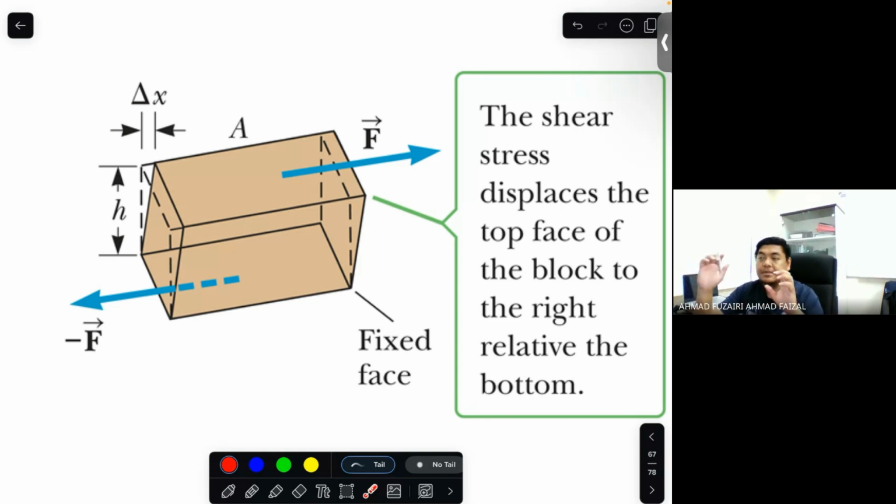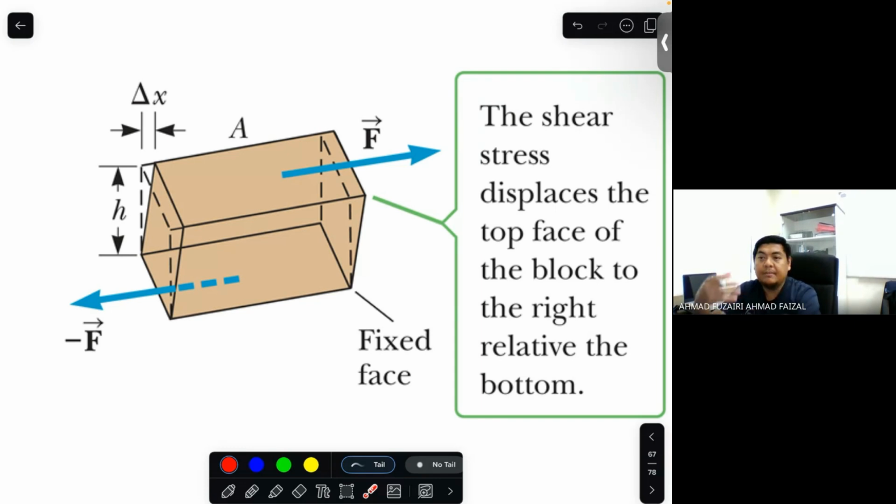Again, when you apply a Young modulus, for instance, we apply a force towards the area, that means force perpendicular to the area, and we only put a stress in certain directions, only one direction.